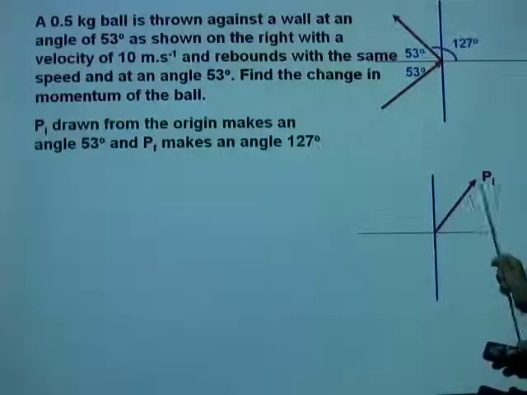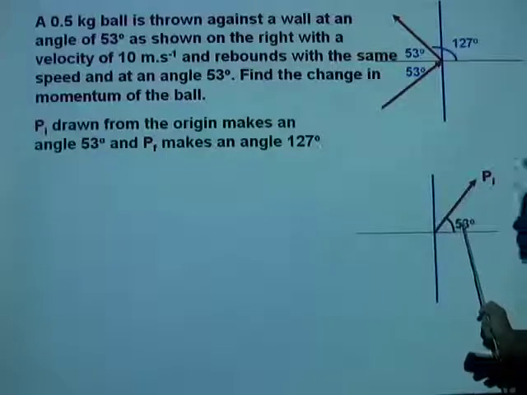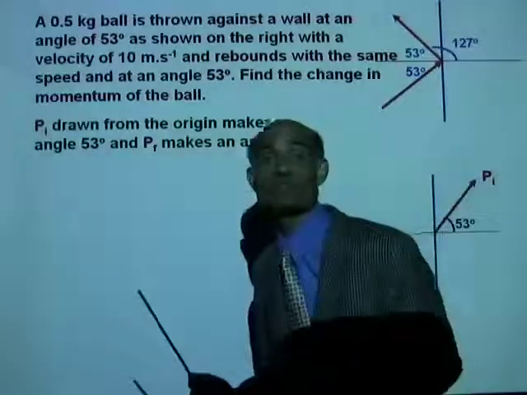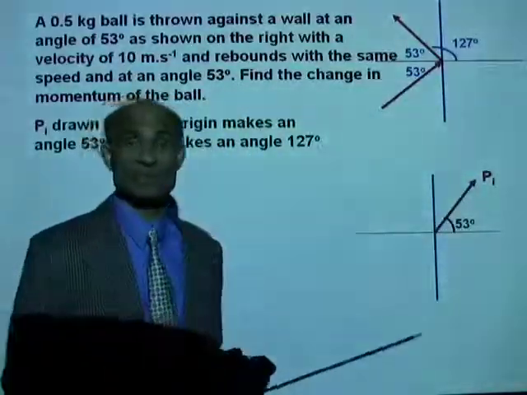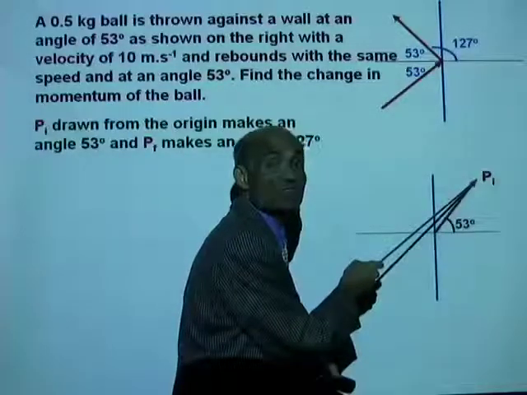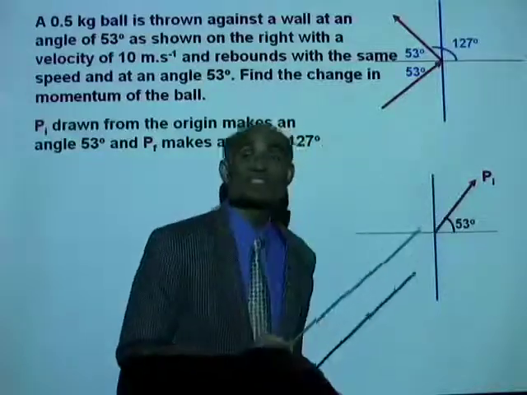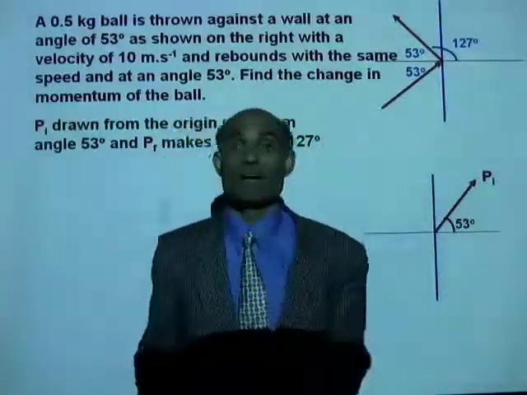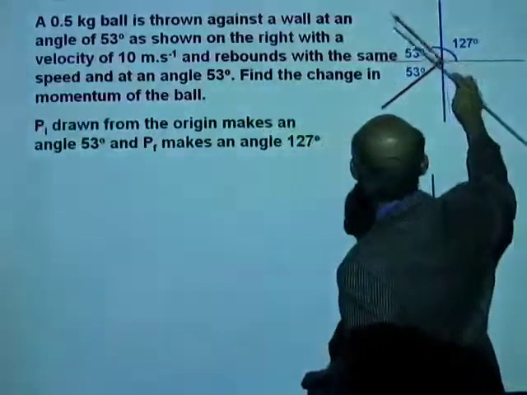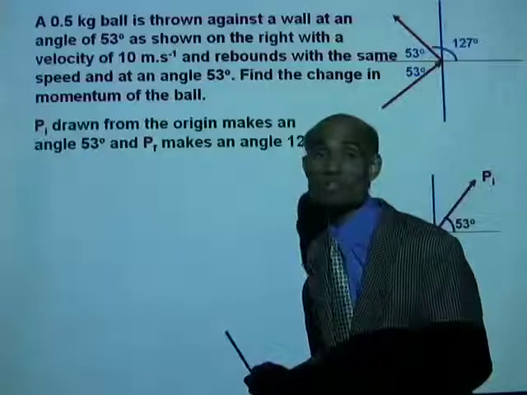So this is the initial vector PI that makes an angle 53 degrees with the positive x-axis. That means PI is the momentum magnitude and 53 degrees is the direction. And the final momentum you can draw at the same position.